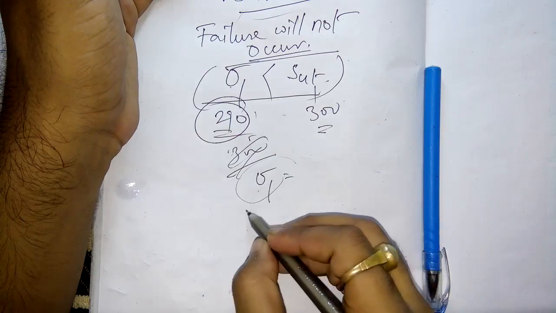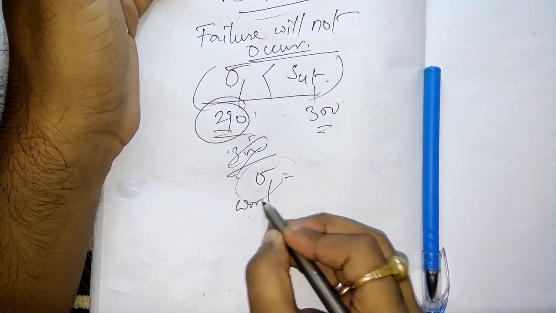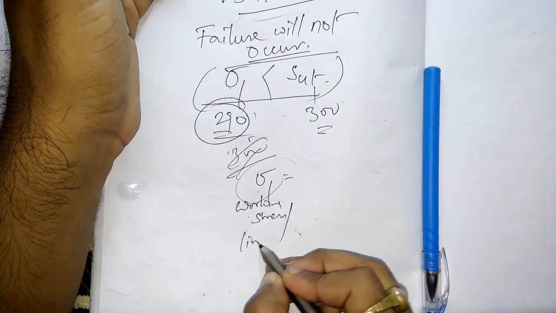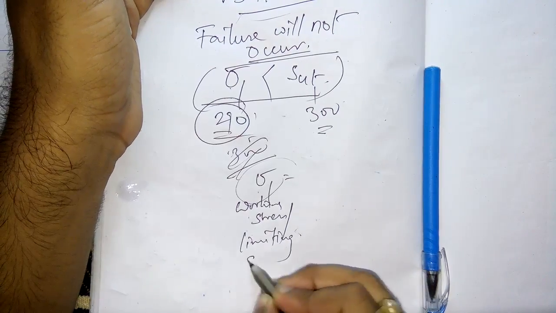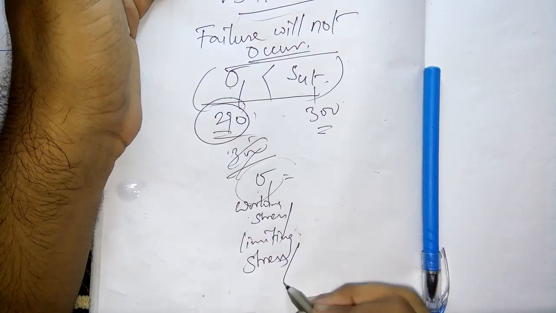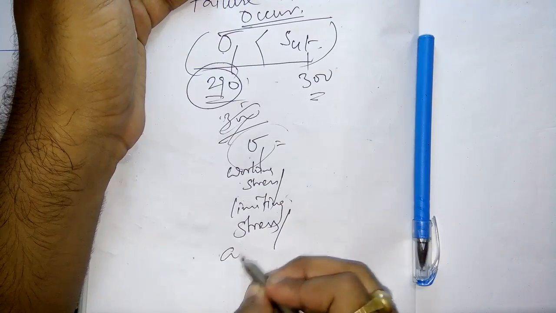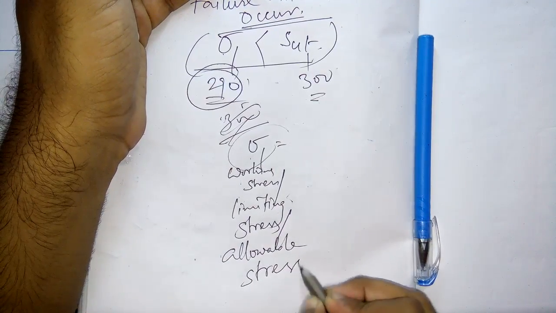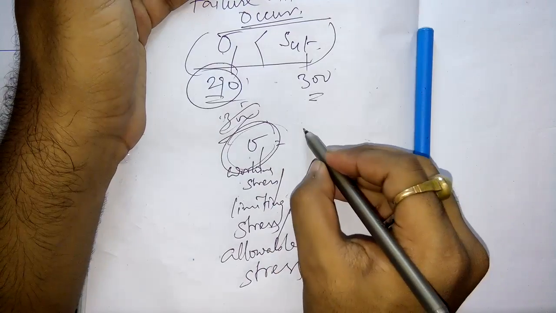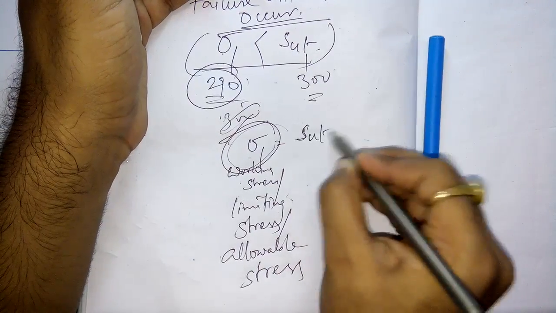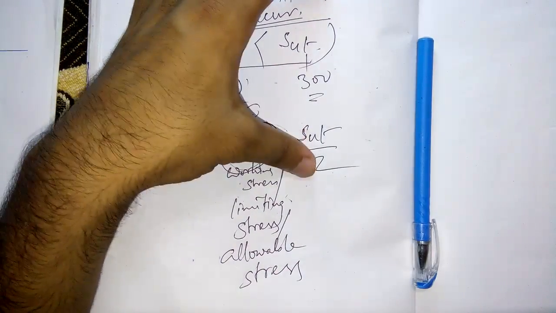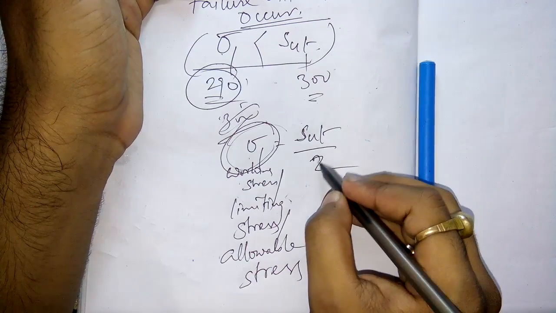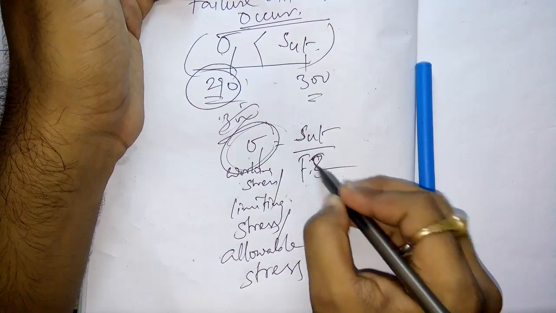Sigma 1, you can say this as working stress, or limiting stress, or allowable stress, same thing. So sigma 1 will be SUT by factor of safety.